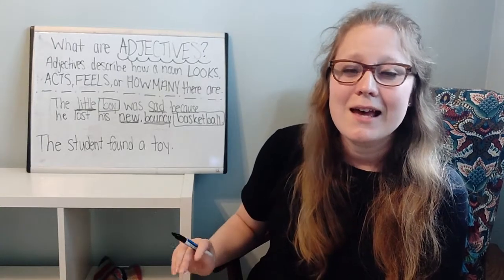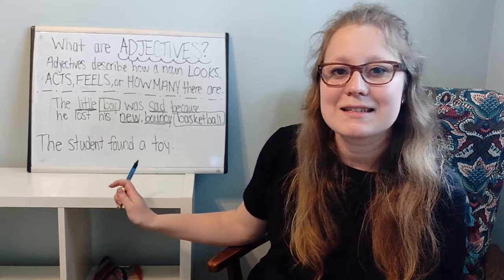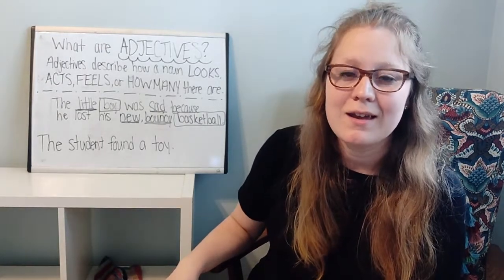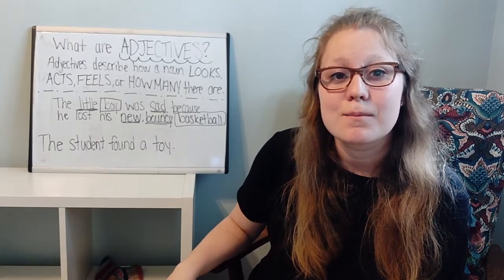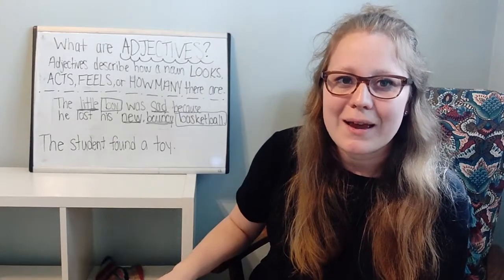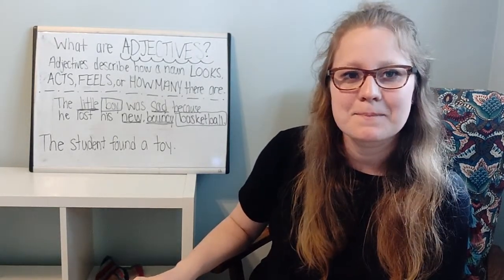I hope that makes sense for you because I have a sentence here on the bottom that's kind of boring. We want to make this sentence more exciting, and you can do that by adding adjectives to the sentence.